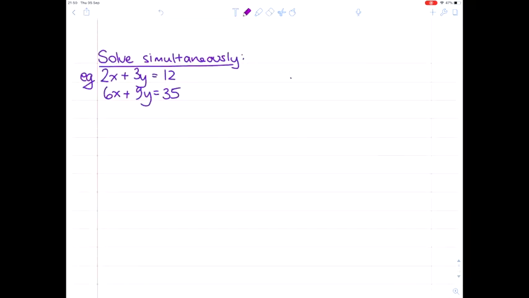So now let's use the same first equation, but instead we're going to use 6x plus 9y equals 35 as our second equation. So let's go ahead and Gauss reduce. We've got an augmented matrix that looks like this.